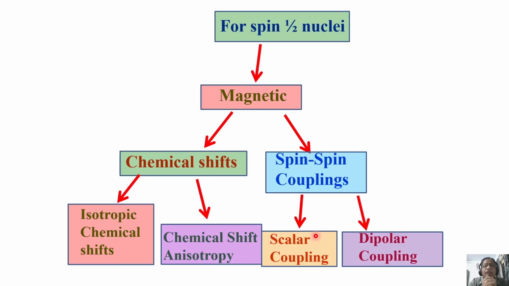But again, depending upon the state in which we study the NMR, whether it is a liquid state of the molecule, whether it is in the solution state, or whether in a solid state. What happens if you put the molecule in a solution? Let us say I take some water soluble molecule.